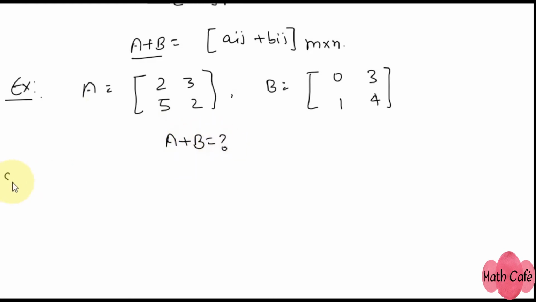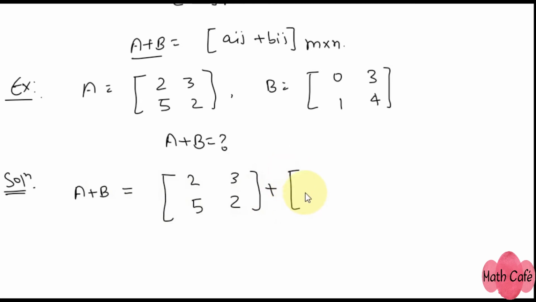We need to obtain in this question A plus B. So first matrix A is 2, 3, 5, 2. Another matrix B is 0, 3, 1 and 4.